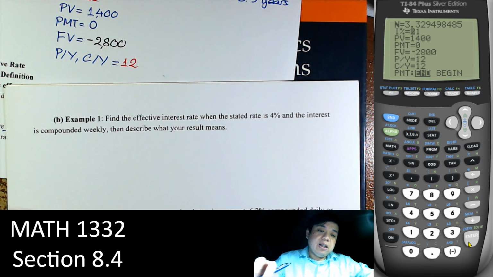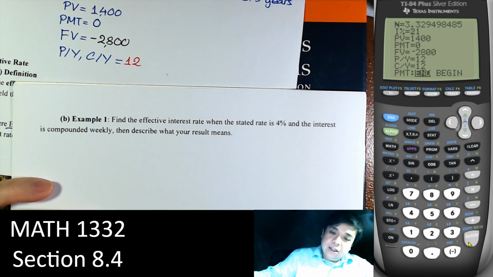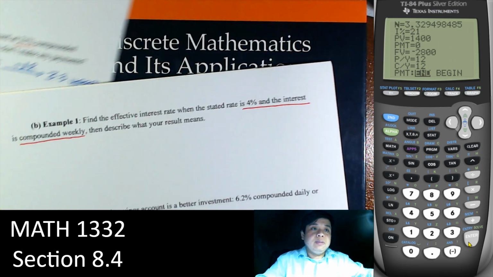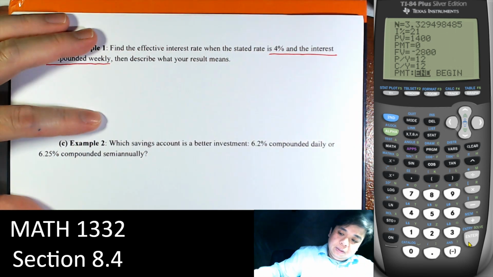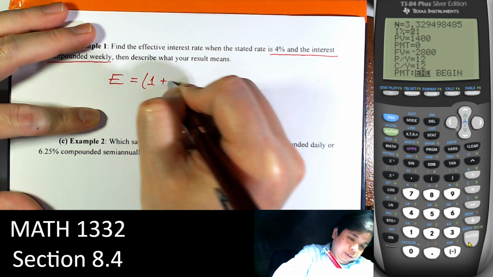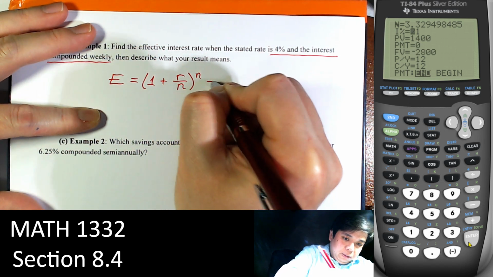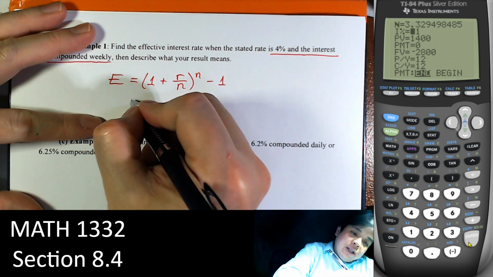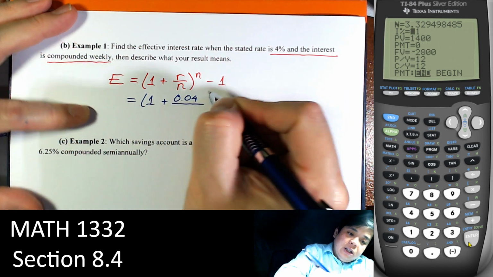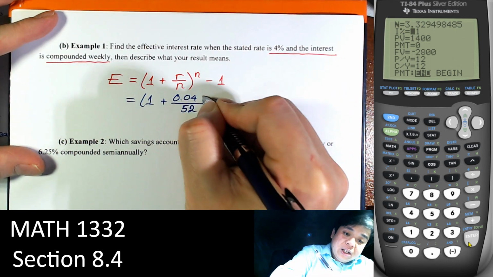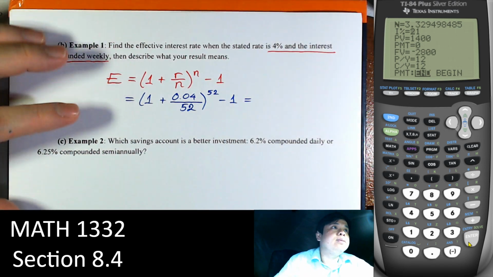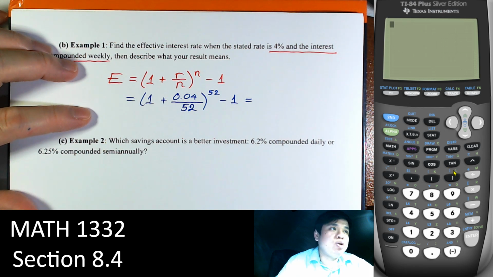Find the effective rate for 4% compounded weekly. We start with the formula. 1 plus 0.04, that is the rate, over 52, since there are 52 weeks in a year. Second mode, get back to the home screen.